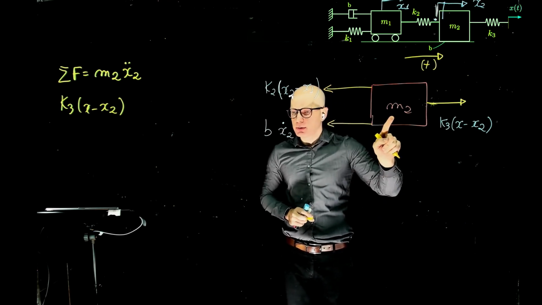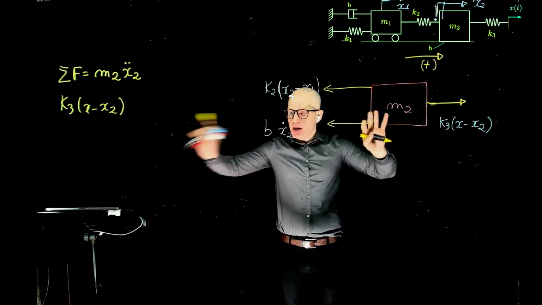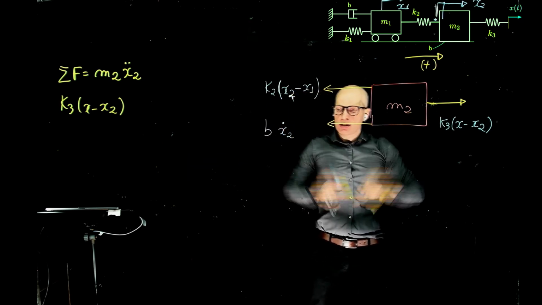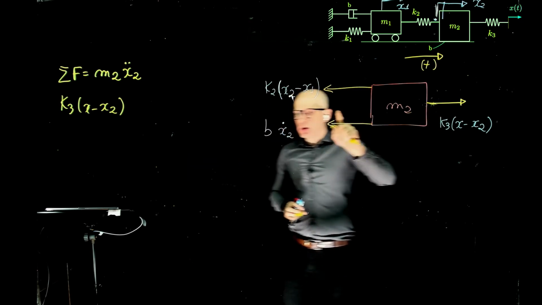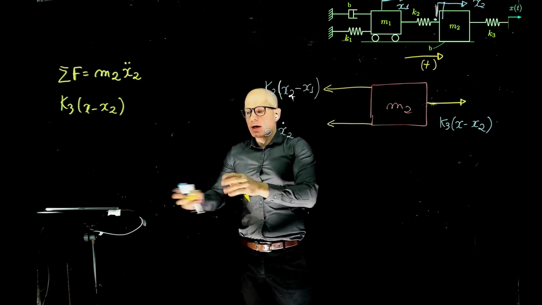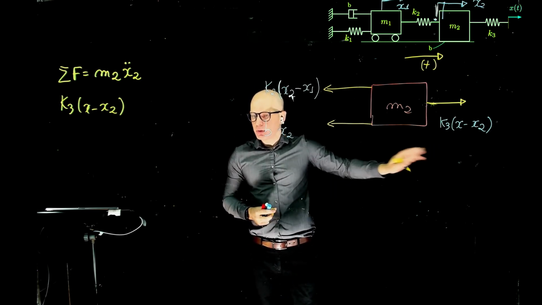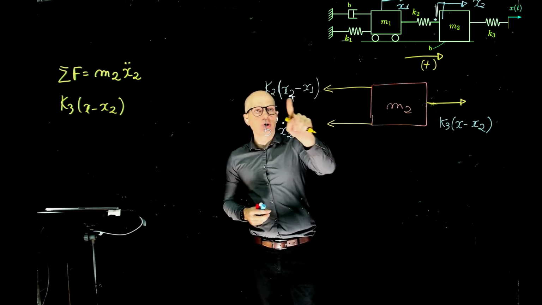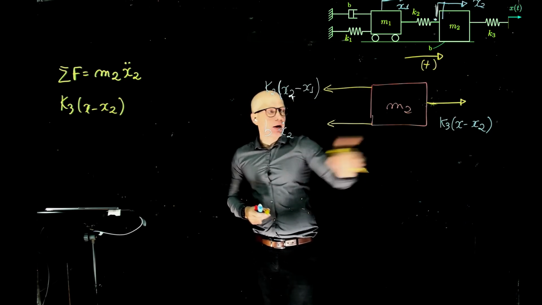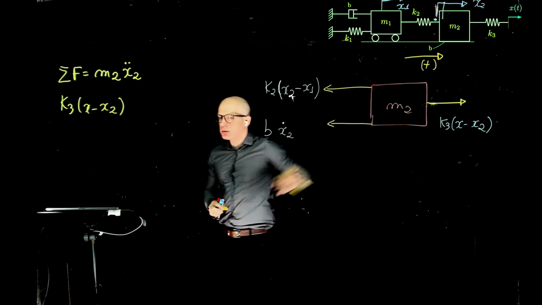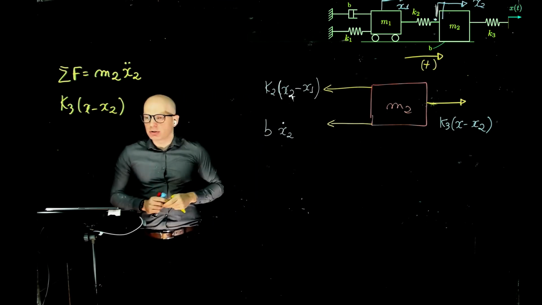So when dealing with M2, we need to take away M1 and just balance the forces on M2. When you do M1, we only look at forces on M1. What M2 is doing will show up indirectly here by its speed and displacement, but its inertia does not affect the other.